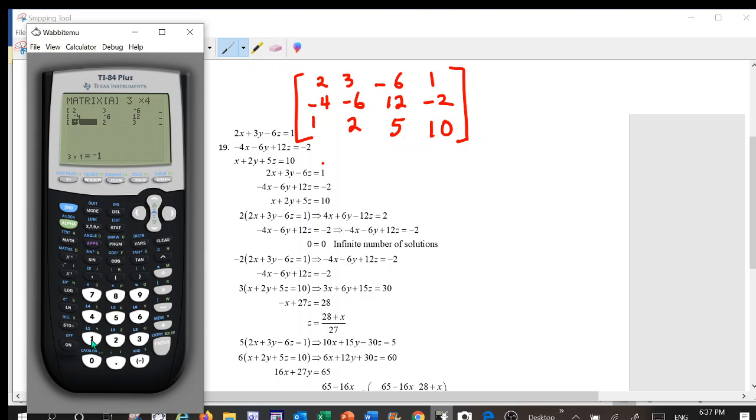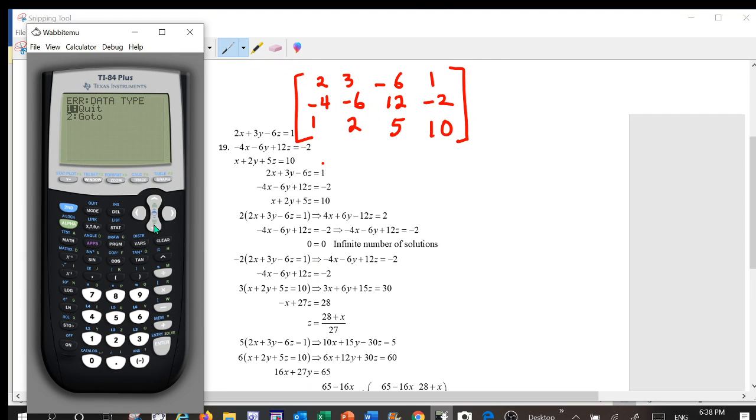And that should be 1 and 2 and 5 and 10. All right, so now let me make sure we have the right matrix.